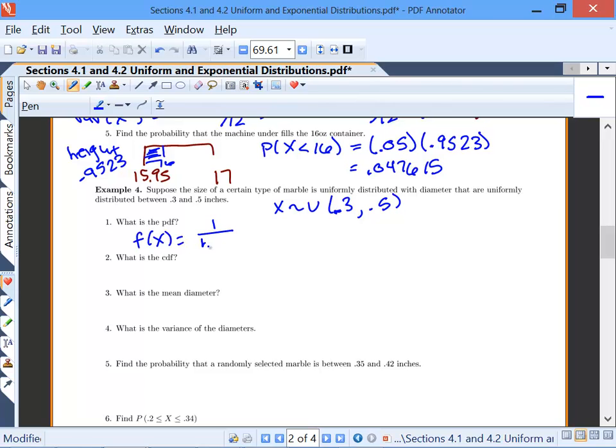So it's 1 over b minus a. So 1 over 0.5 minus 0.3 gives me 1 over 0.2, should give me 5. So it does give me 5. So basically we have this rectangle that goes from 0.3 to 0.5, and the height is 5.